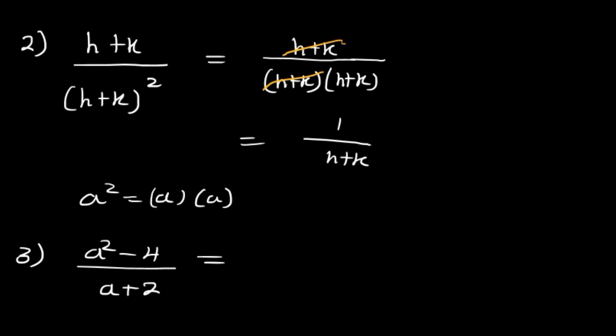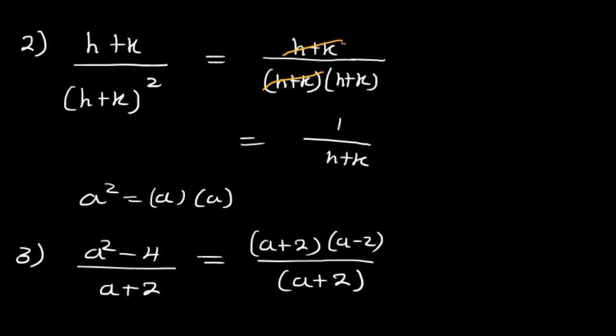Just as I said earlier, for the difference of two squares, we are going to have a plus 2 and a minus 2, all divided by a plus 2. So you notice that a plus 2 is gone, and our result is going to give us a minus 2.